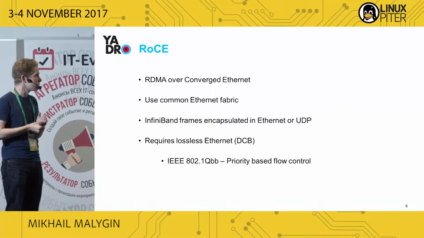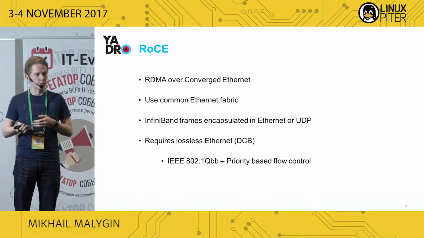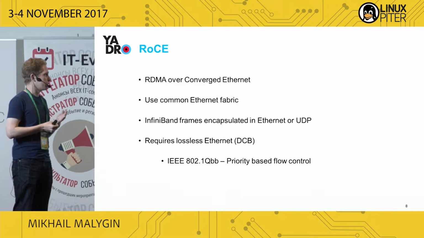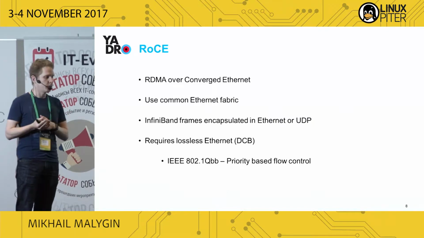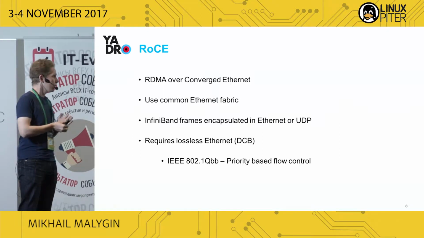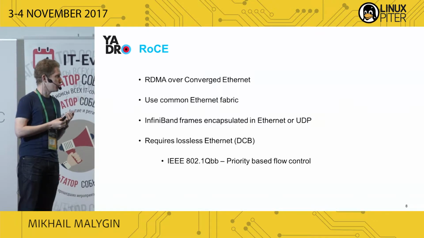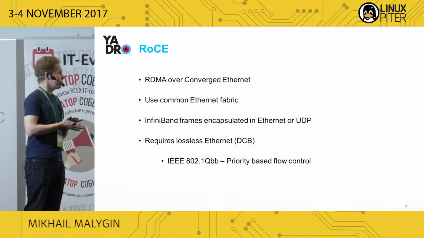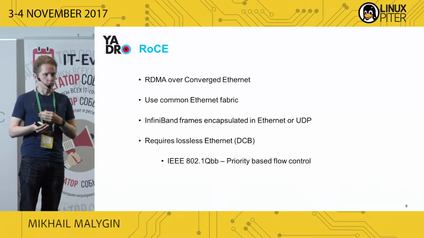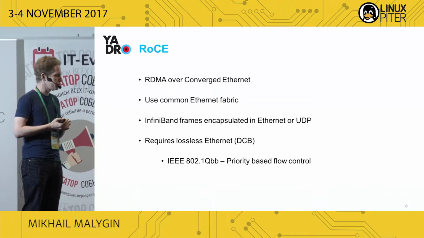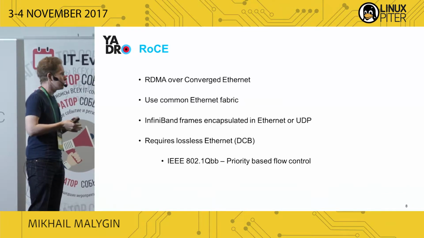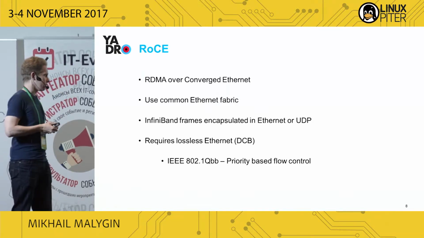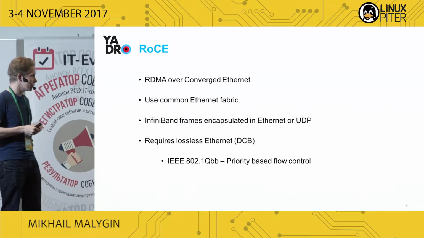We decided to take RDMA over Converged Ethernet because we had equipment to test it on. It allows us to encapsulate everything in Ethernet or UDP. By default, Ethernet can lose frames, so Ethernet should be really reliable for this feature.